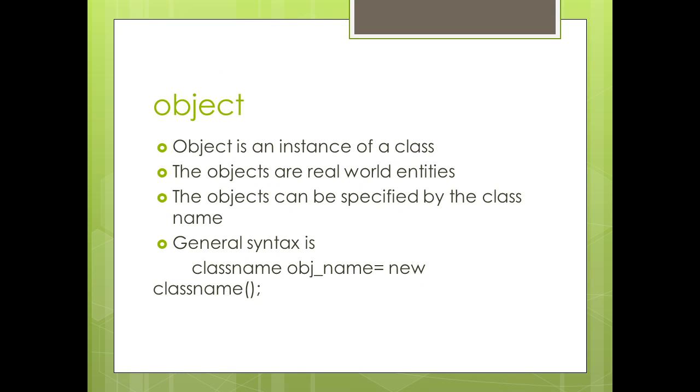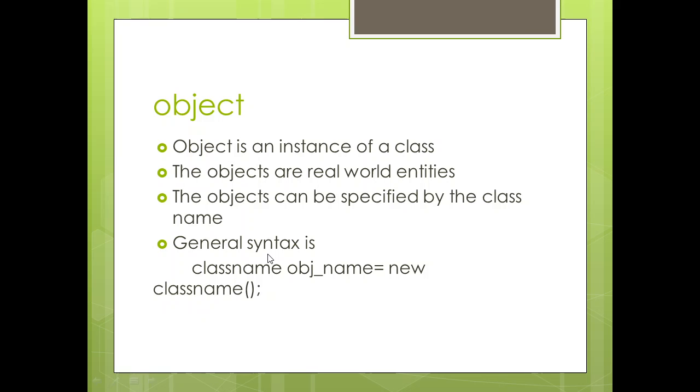An object is an instance of a class. These objects refer to real world entities, and they are used to provide the practical basis of real world objects. These objects can be called by the class name itself.